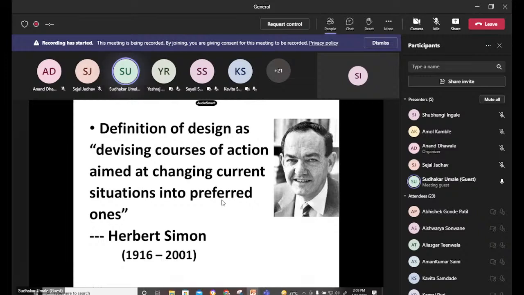So this action, which is required for changing current situations, can be preferred in the industries. We'll discuss what the changing current situations are, how this design process will change them, and how we require the prototype. We'll discuss all these questions one by one.